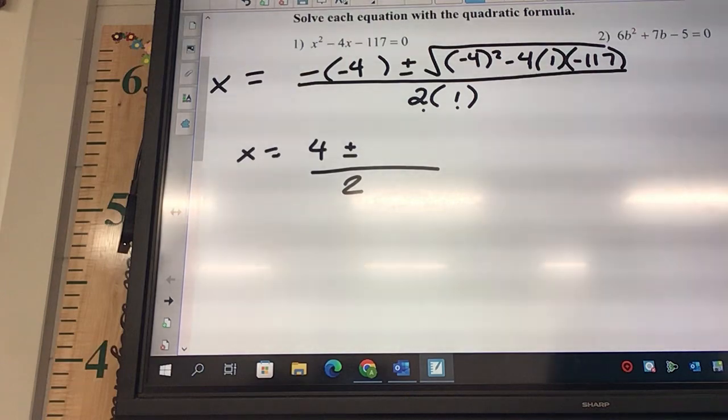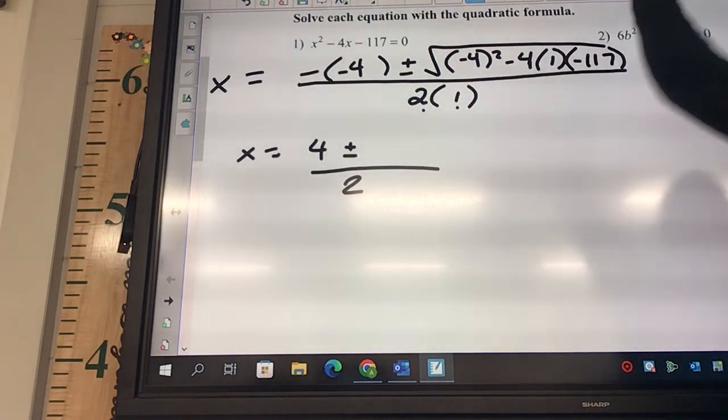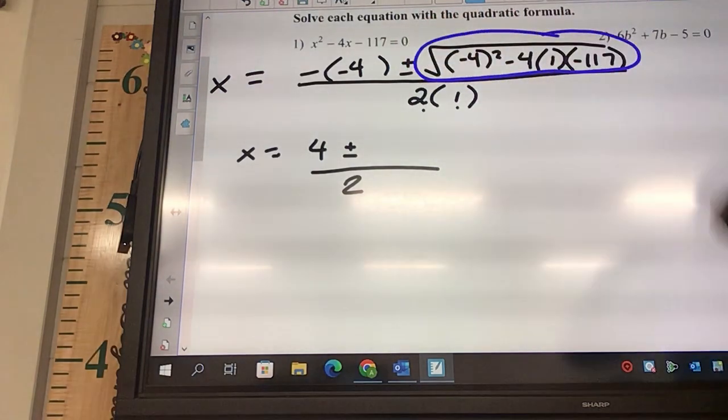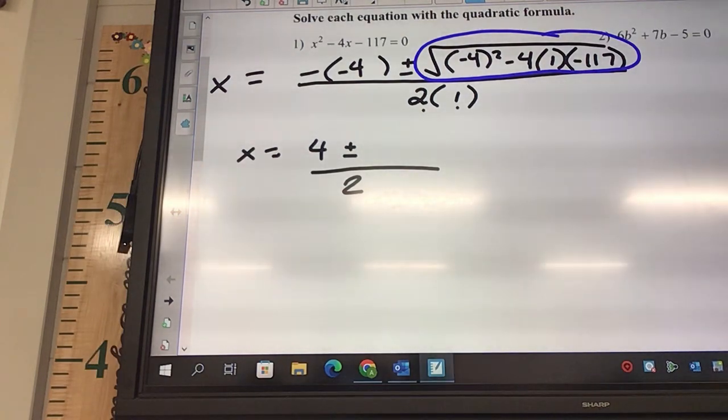Now this is the part, and again, today's the last day we're doing this, so if you need some help, today's the day to get that. This is the part you're going to type in on your calculator. Turn your calculator on and hit your square root button.